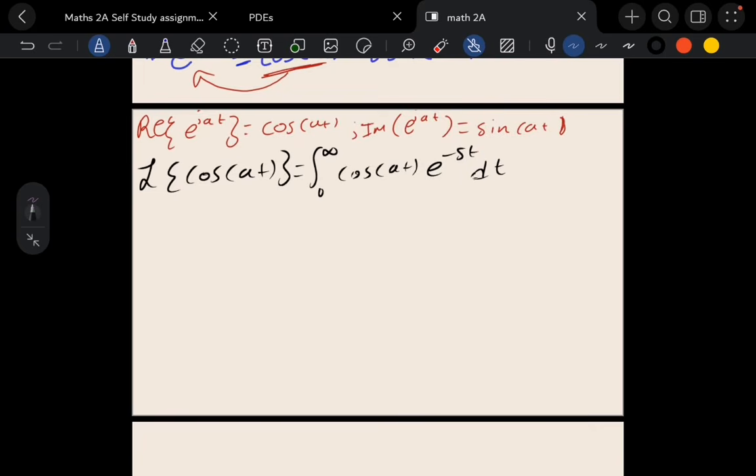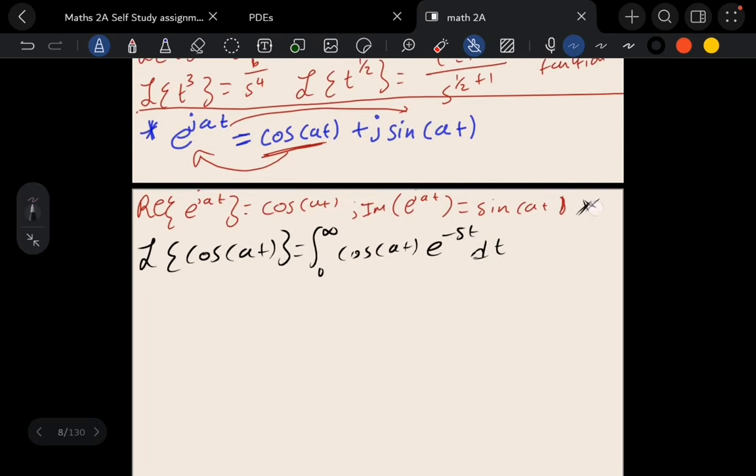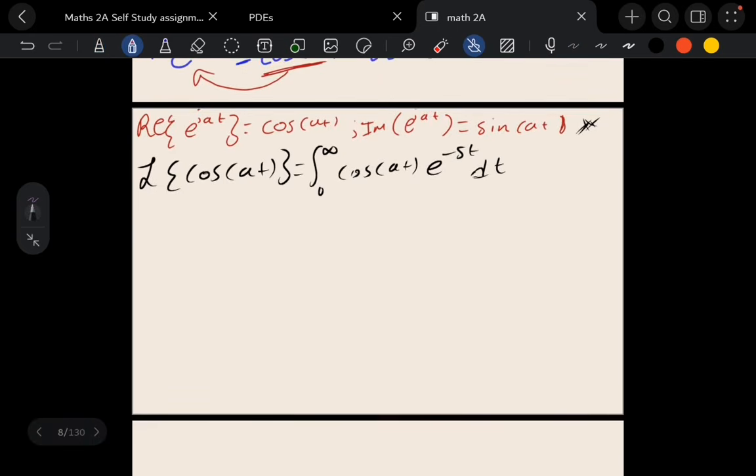Now the first proof, I'm going to use this analogy here. So I'm going to say the limit as k approaches infinity of the integral from 0 to k.